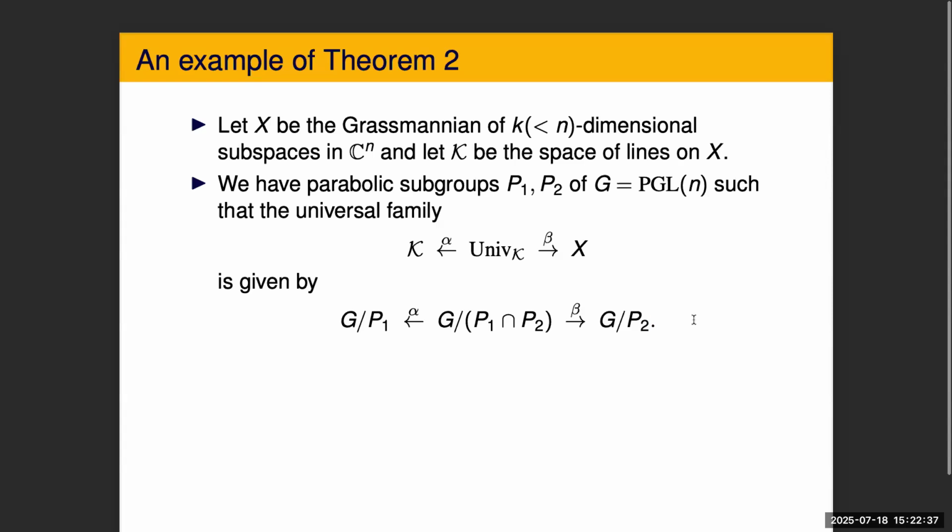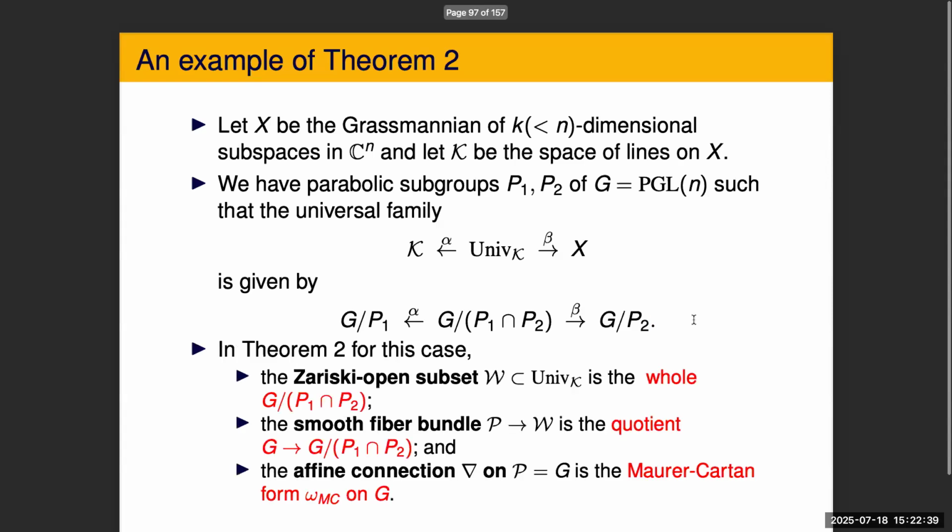In this case, when you apply our theorem 2, the Zariski open set in the universal family is the whole universal family. The smooth fiber bundle is just the quotient by the group G to the universal family.